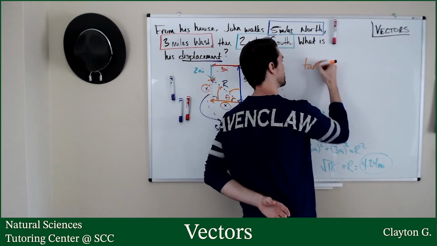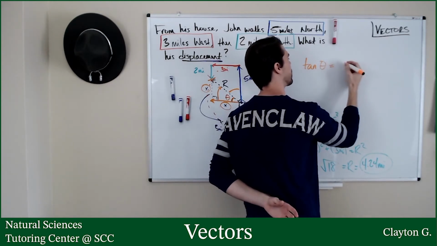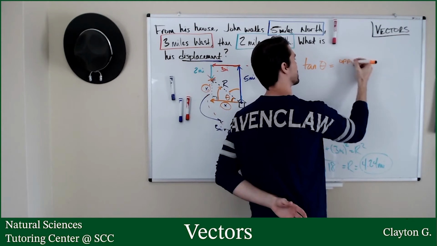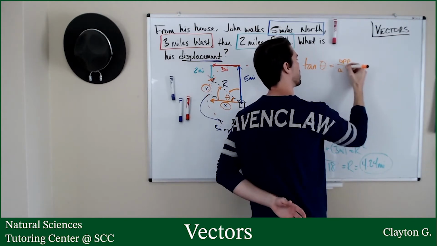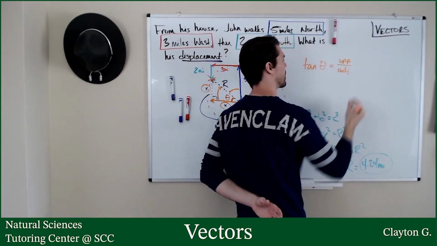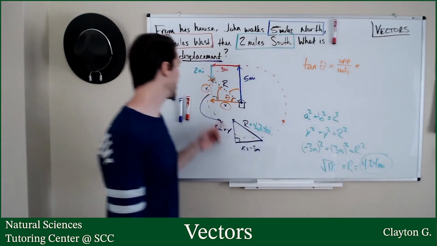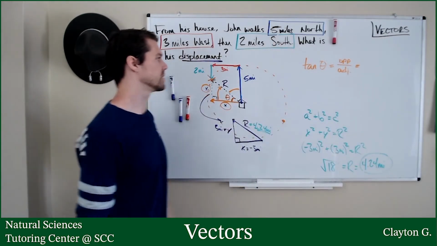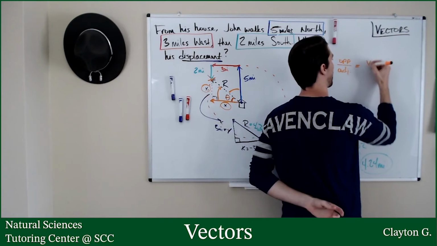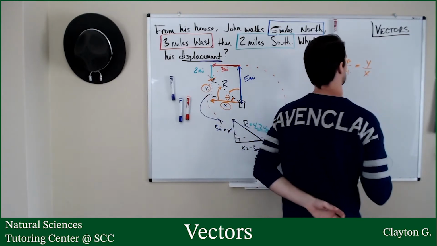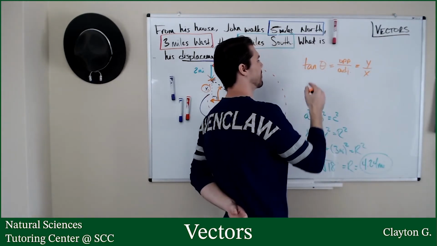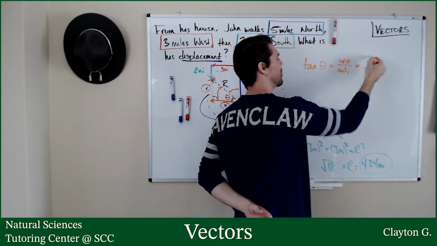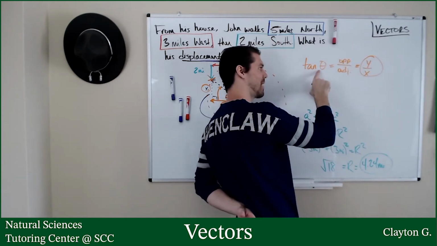I know that tangent of theta equals the opposite side over the adjacent side. Well, in this case, the opposite side, that's y. The adjacent side is x. So that will be y over x. Unfortunately, tangent solves for this ratio, not for our angle.